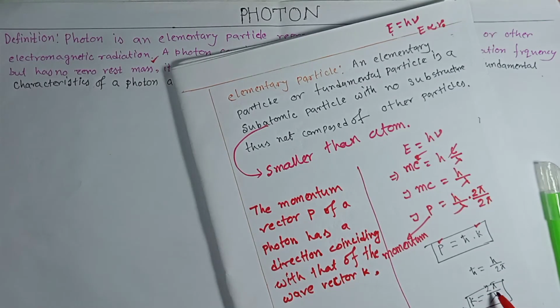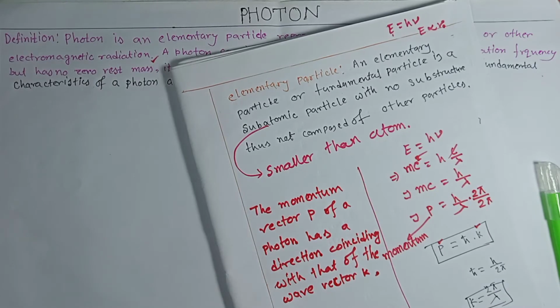We see that k is equal to 2 pi upon lambda. That is, k has a magnitude of 2 pi upon lambda.